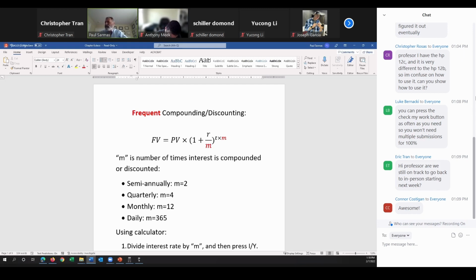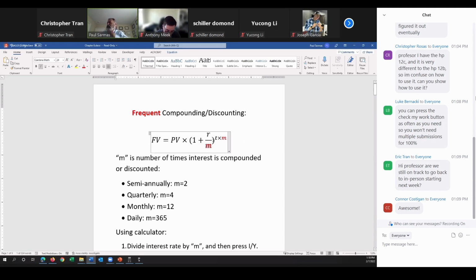But I think most of you will agree with me that you can do that adjustment manually, meaning take the interest rate, as you can see on the screen, take R divided by M, and take T multiplied by M. So if it says 12% compounded quarterly, take 0.12 divided by M, which is 4 because it's quarterly.